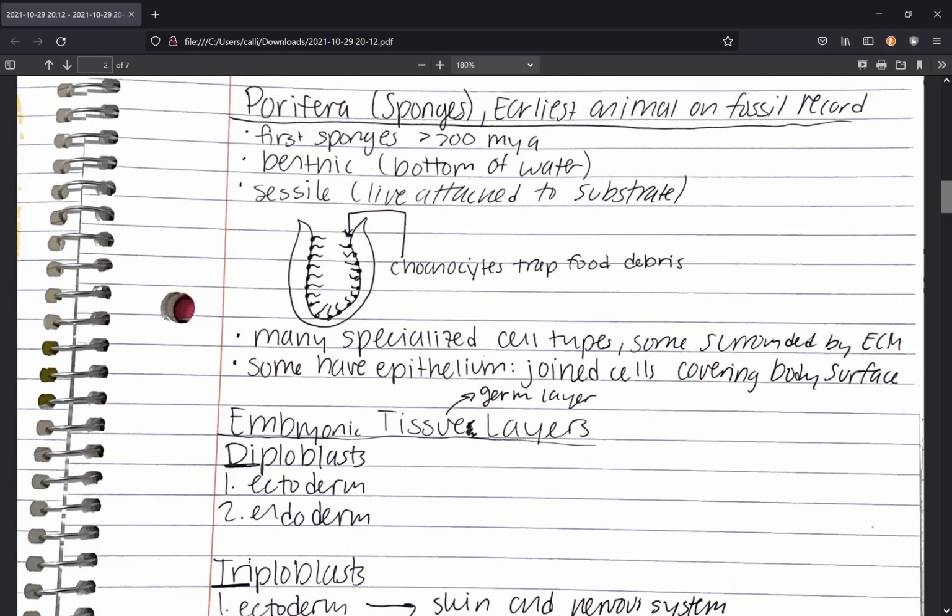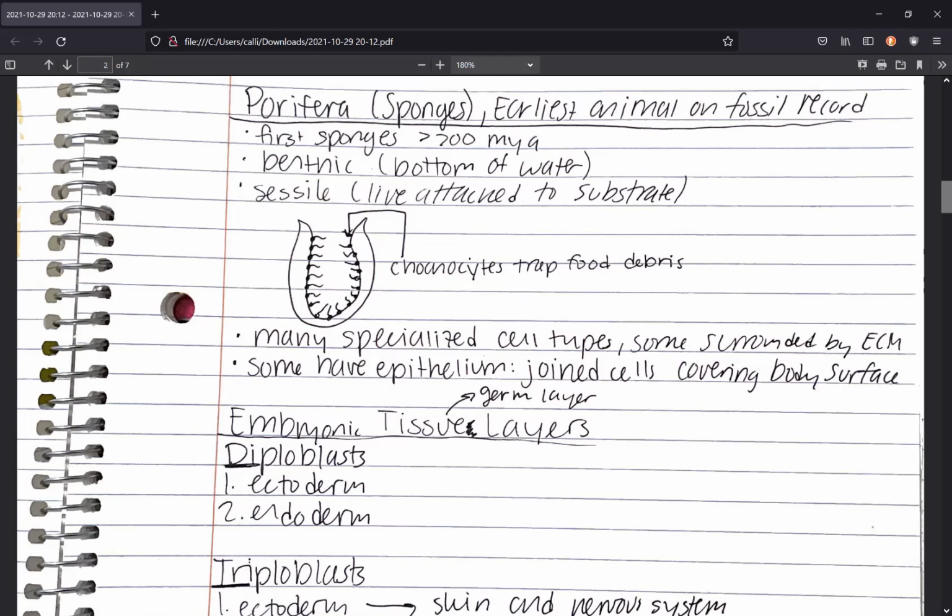One key animal that the book and this chapter highlight are sponges. They're the earliest animal in the fossil record. The first sponges occurred over 700 million years ago. They're benthic, meaning that they live at the bottom of a water source. It could be marine or freshwater.